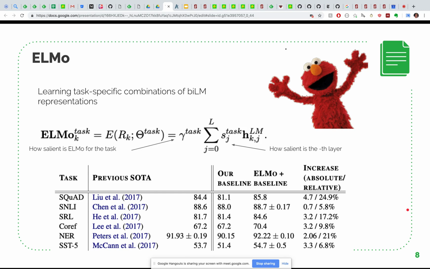Lower layers of the language model will capture more information for lower level NLP tasks, like NER or syntactic tasks, and higher level representations would be better for higher level tasks like sentiment analysis or question answering.